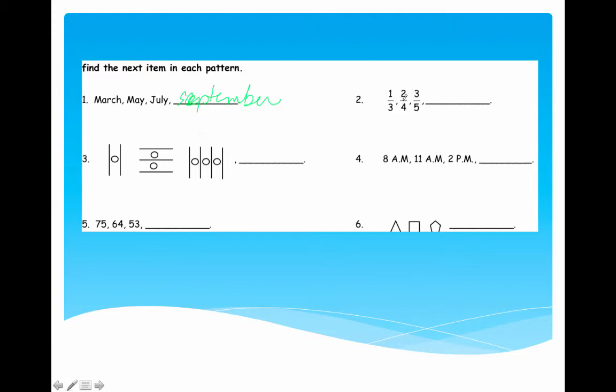On this number 2, 1/3, 2/4, 3/5, if you think about them as fractions, it's not super clear. 2/4, of course, is 1/2. So then you'd expect 1/3, 1/2, either 2/3 or 1/1 or something. So let's look at the top and the bottom separately.